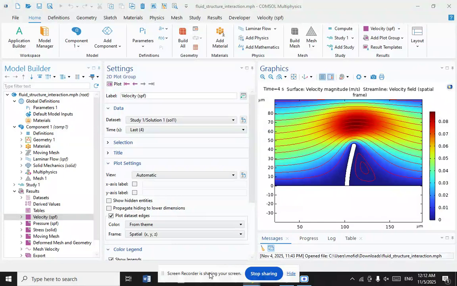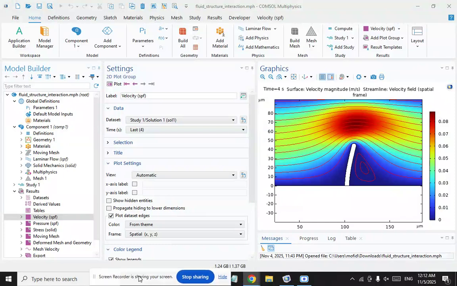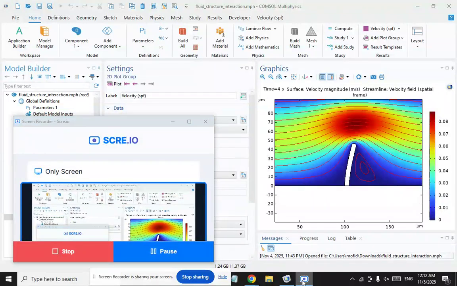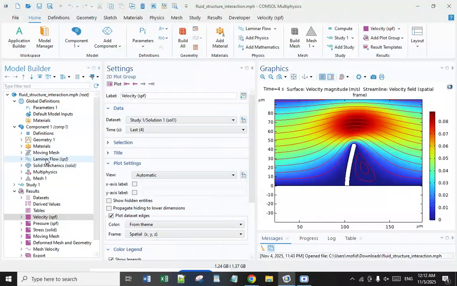And here you can see the capsule simulation for fluid structure interaction. You can see that I have used laminar flow and moving mesh, because this mesh must be moved based on the pressure that has been tolerated.